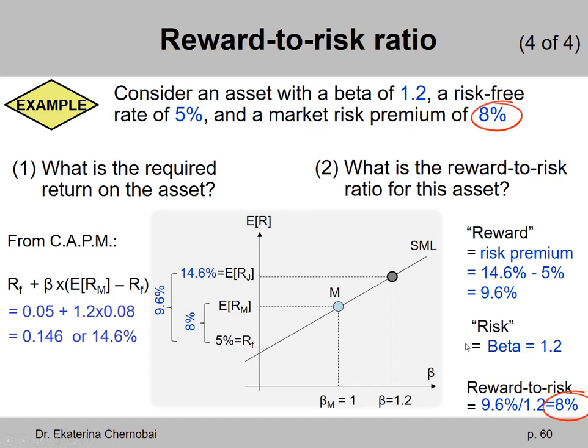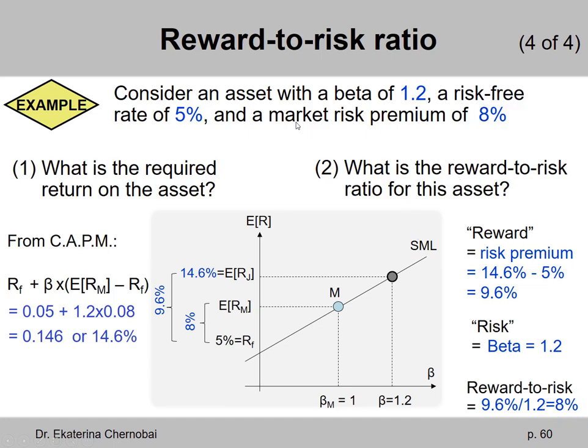In other words, the market risk premium is the same thing as the reward to risk ratio for the market portfolio. And so technically, you don't even need to calculate anything to answer question 2, because the reward to risk ratio is the same for all assets lying on the security market line. We had it on one of our last few slides.